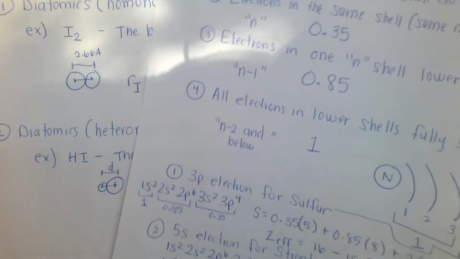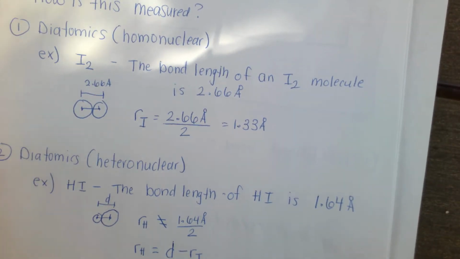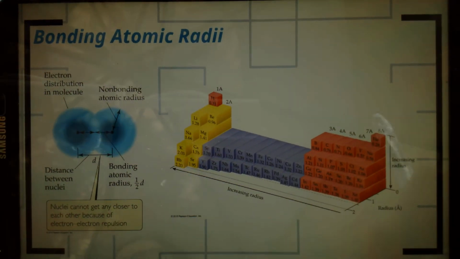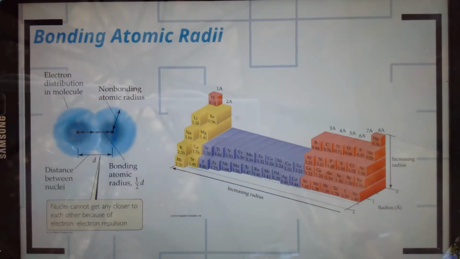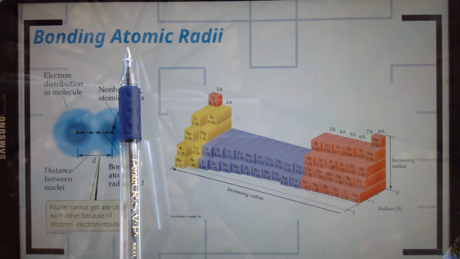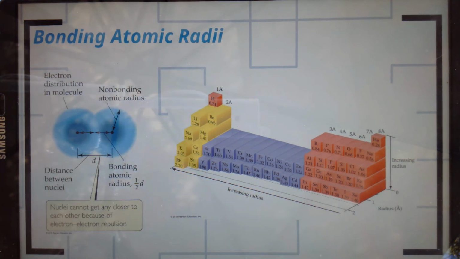So next, I want to look at atomic radius. How is this measured? Okay, so I want to go back here and brighten this up a little bit. We are looking at what's called a bonding atomic radius. This is a radius that is measured or approximated using a bond length.